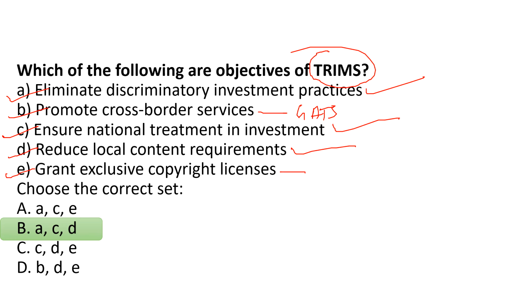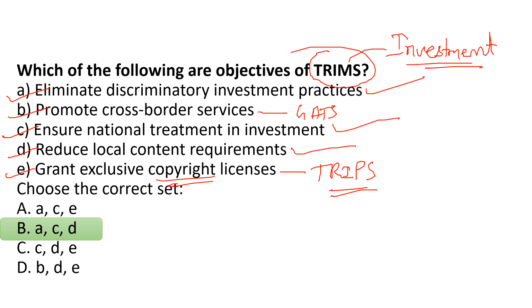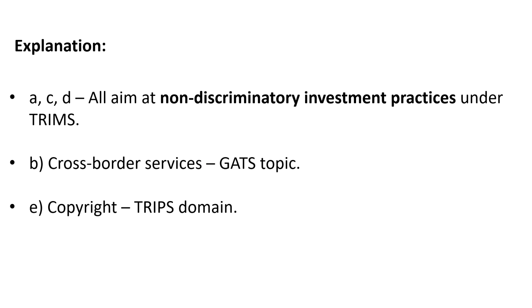And when it talks about copyright licenses, then obviously it is related to TRIPS, not TRIMS. TRIMS is related to investment. Understood? ACD all aim at non-discriminatory investment practices under TRIMS, that we have discussed in the theory session, the previous session. Cross-border services is a GATS topic, and copyright is the TRIPS domain.